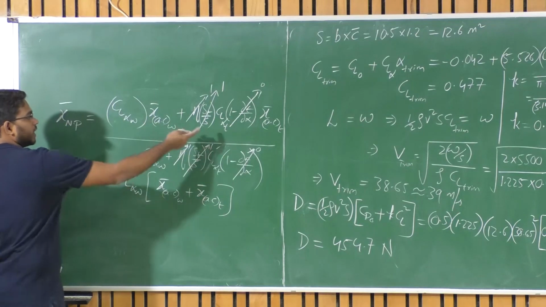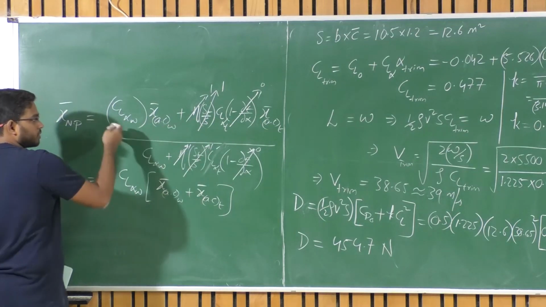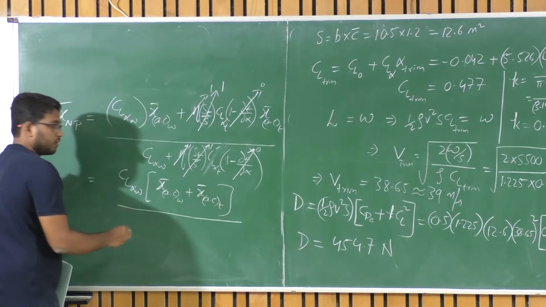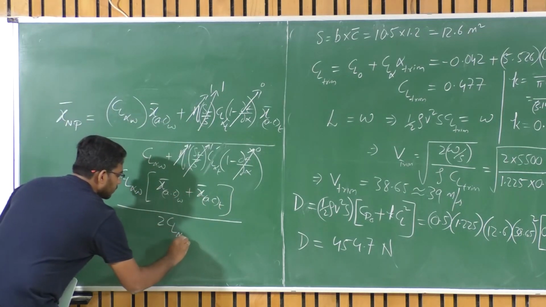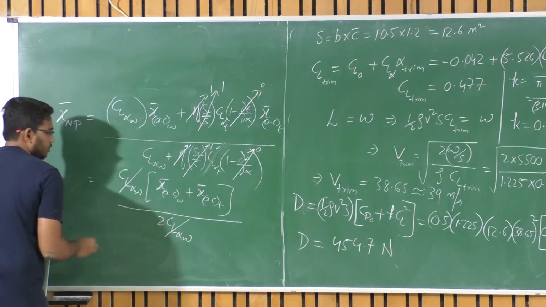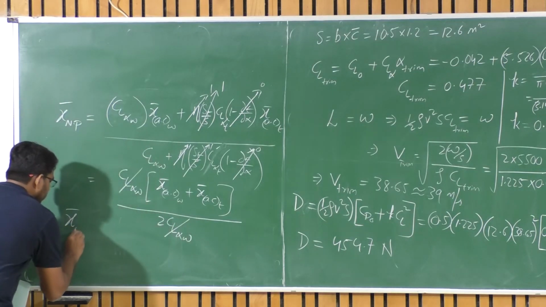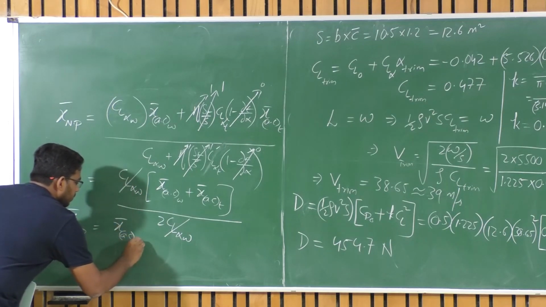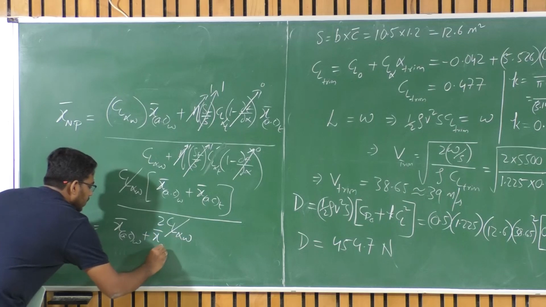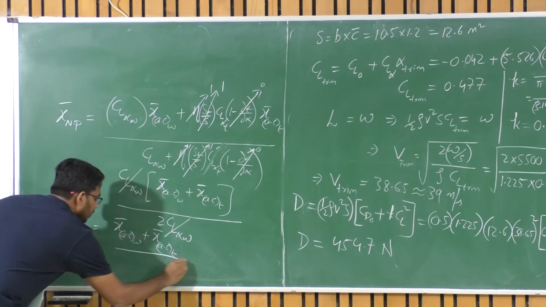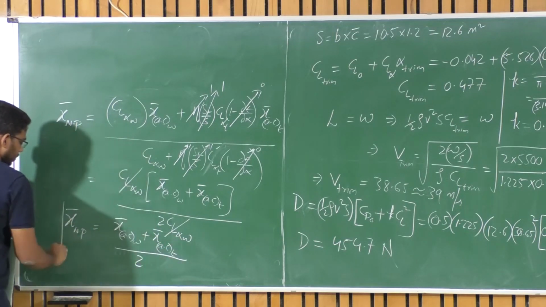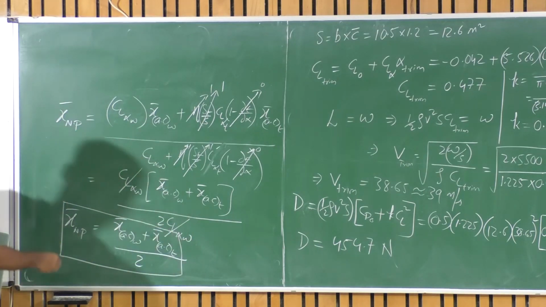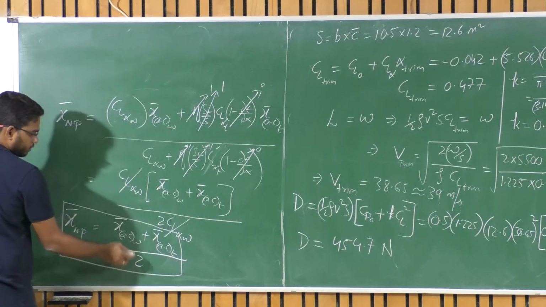The denominator is twice CL alpha of wing. So this cancels out, and x bar neutral point is the midpoint of the separation, x bar AC of wing plus x bar AC of tail upon 2. It is the midpoint. The neutral point becomes the midpoint of these two.